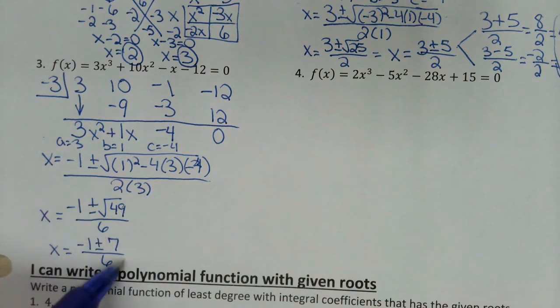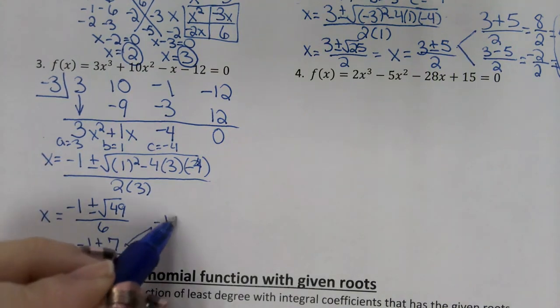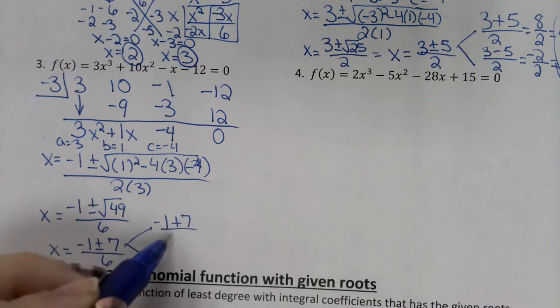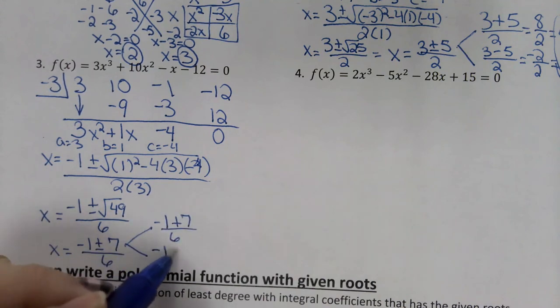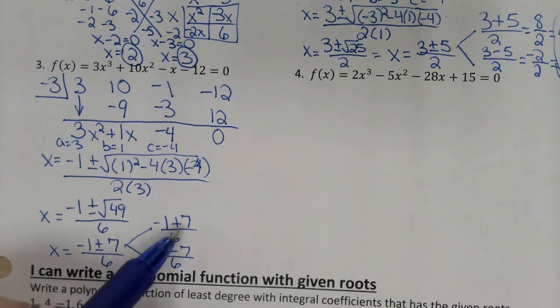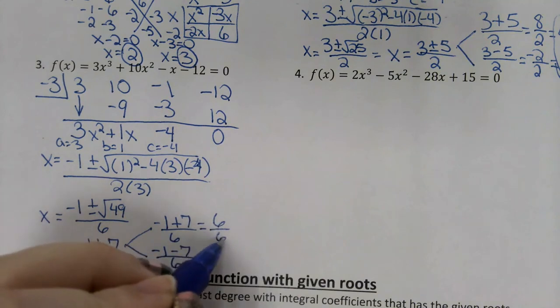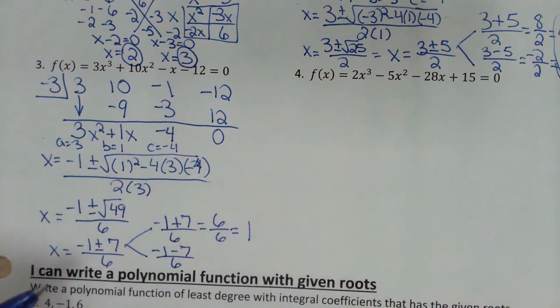So I've got rid of all of my radicals and I don't have i in my answer. So I need to split it off and have negative 1 plus 7 over 6 and negative 1 minus 7 over 6. Negative 1 plus 7 over 6 gives me 6 over 6, or 1.